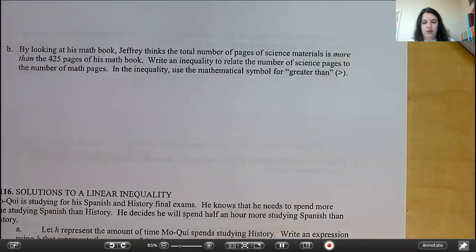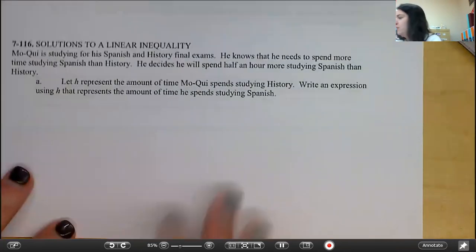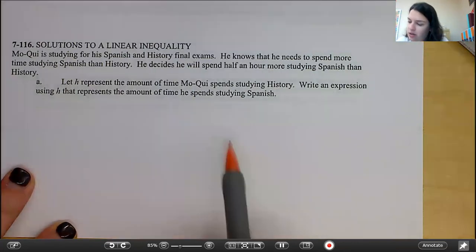Okay, if you're back with me, you finished part D in that problem. We're going to move on to 7.1.16 right now. Alrighty. So 7.1.16 says solutions to a linear inequality.